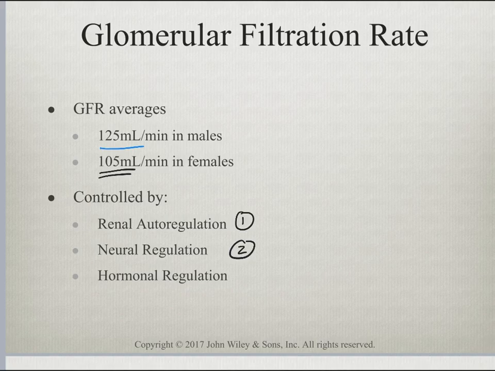The central nervous system, the autonomic nervous system, plays a role here in controlling the GFR, as well as hormonal regulation. We talk about catecholamines, adrenaline, norepinephrine, epinephrine, and other hormones that are going to increase heart rate, increase blood pressure, and ultimately increase or decrease glomerular filtration rate.